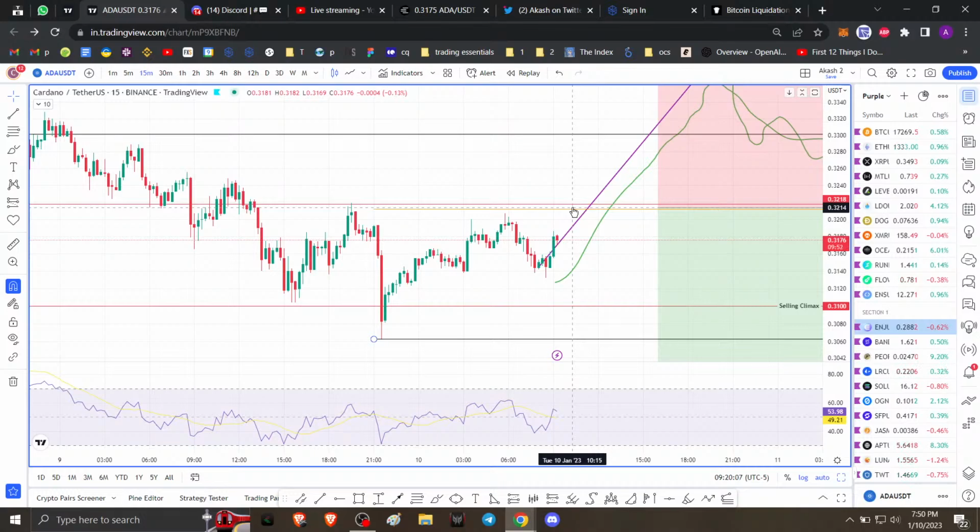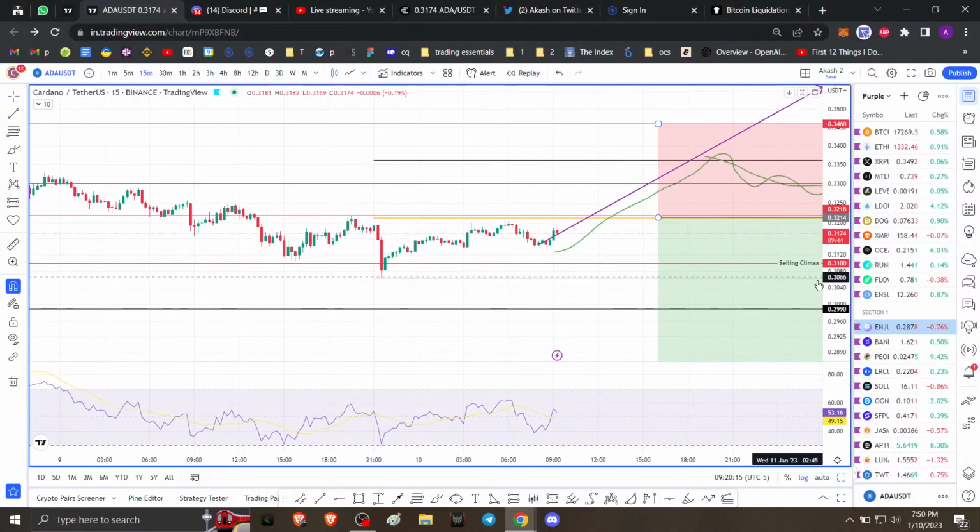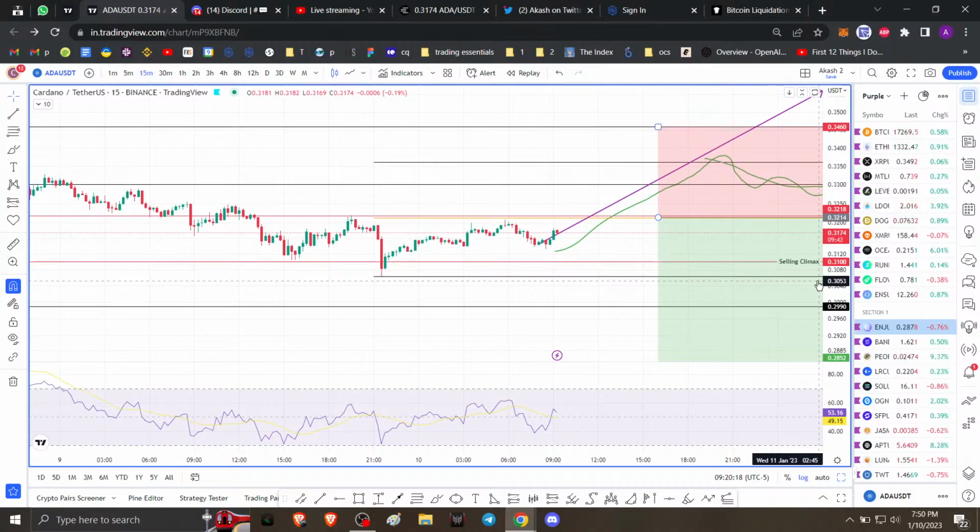Open a short. Stop loss at 0.346. Take profit at 0.2852 and open a short. There you go.